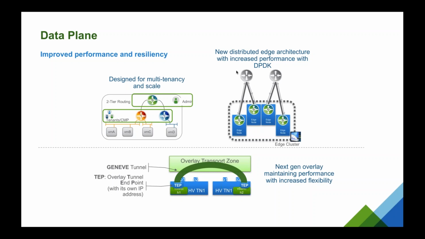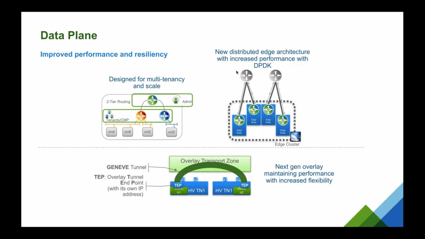These edge gateways perform all the services like NAT, but they also give you interfaces to connect to the physical world. And we're using Intel's Data Plane Development Kit, DPDK, to achieve very high performance. So here we're talking, in the bare metal form factor, of up to 40 gigabits per core, per CPU core. So not per edge gateway, per core.